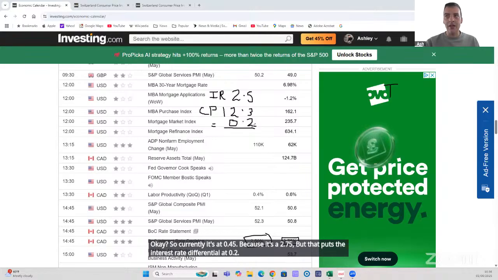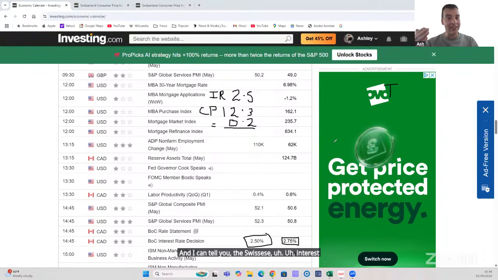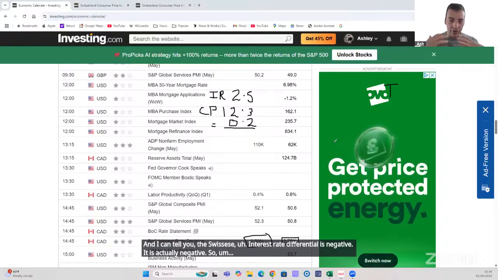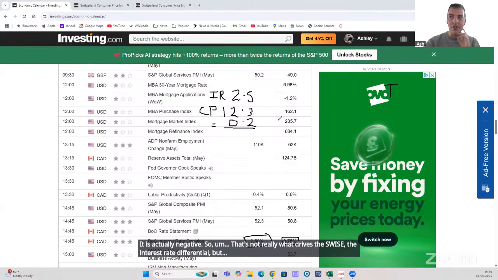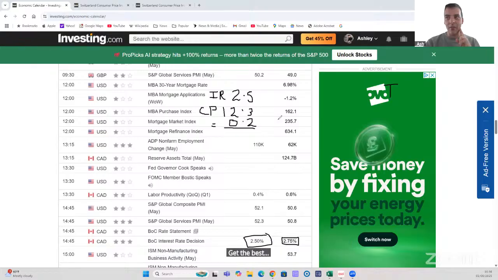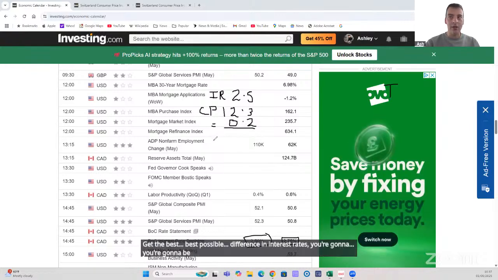And I can tell you the Swissie's interest rate differential is negative. It is actually negative. So that's not really what drives the Swissy, the interest rate differential. But this puts this at 0.2. Now, if you were going to get the best possible difference in interest rates, you're going to be looking at the dollar.